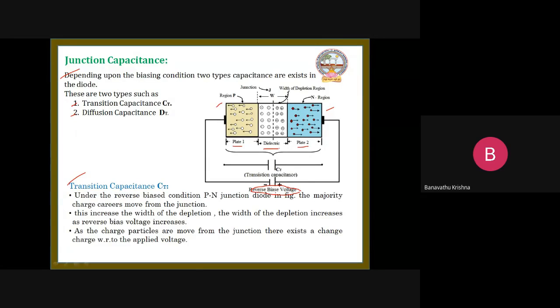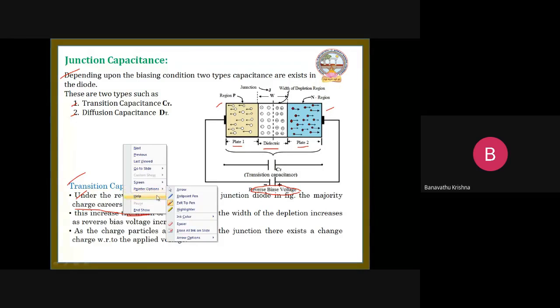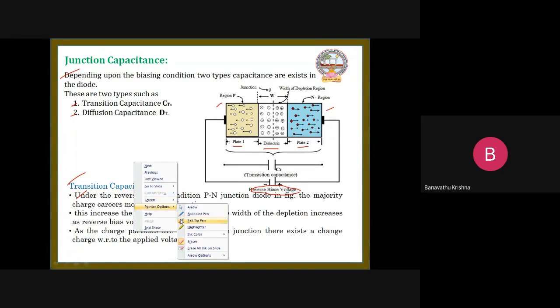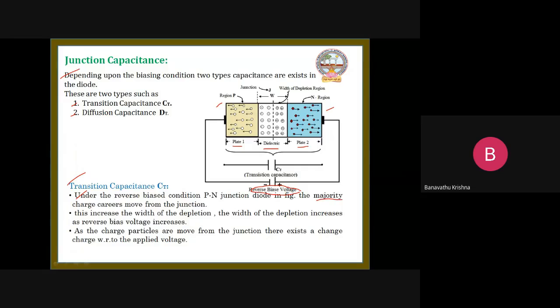First point: under the reverse bias condition, the PN junction diode is shown in the figure. The majority charge carriers are moved away from the junction, moving in this direction and in this direction, so automatically the depletion region increases.